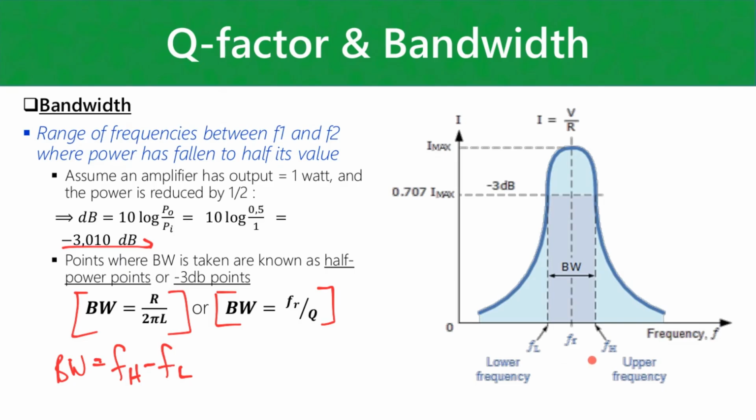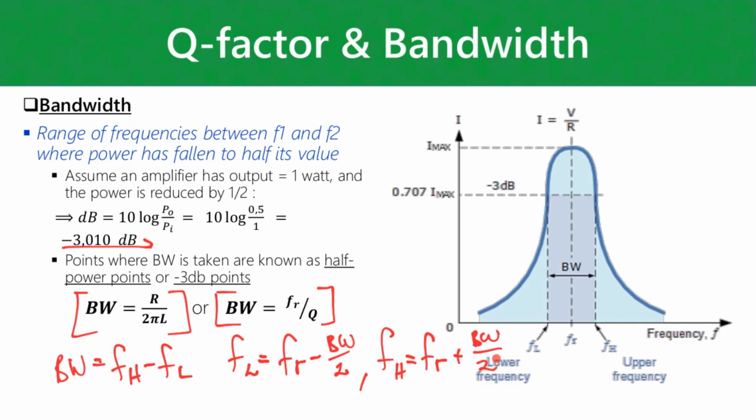And then you can also calculate FL and FH using the resonant frequency. So FL is going to be the resonant frequency minus the bandwidth over 2, and FH is going to be your resonant frequency plus bandwidth over 2.